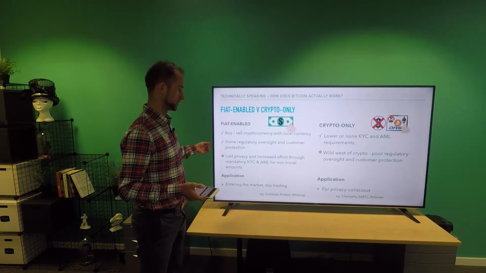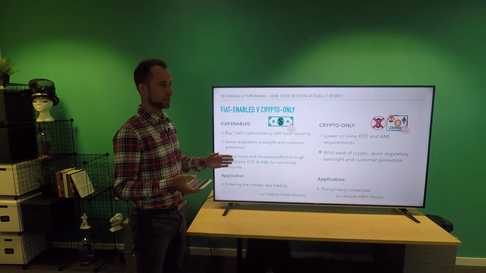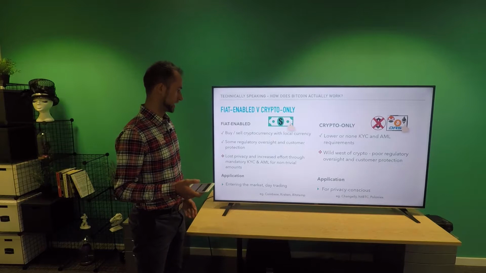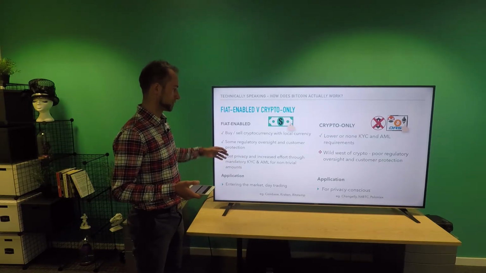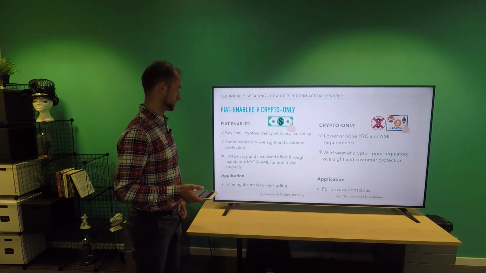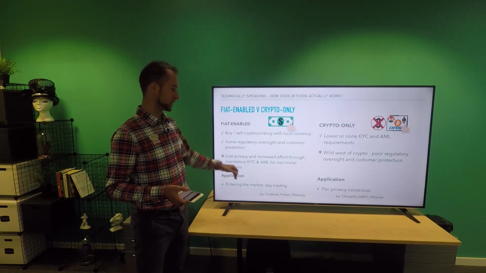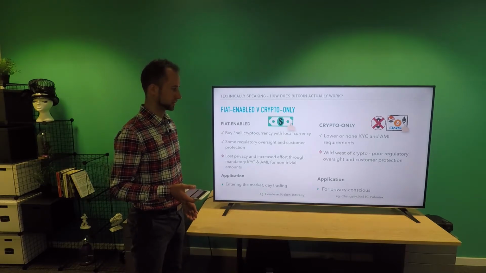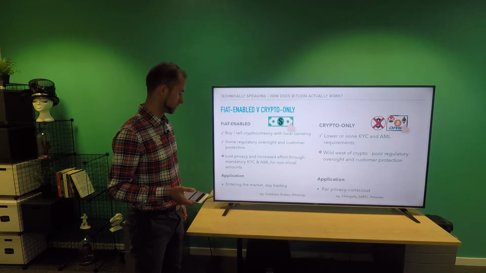Maybe less obvious, once the exchange wants to interface with the legacy banking institutions, they need to comply with some regulations like KYC and AML, so that provides some regulatory oversight and customer protection, which is good, but that comes at the cost of lost privacy, because to comply they need to collect personal data from their customers, like proof of ID, income, source of income, and things like that.